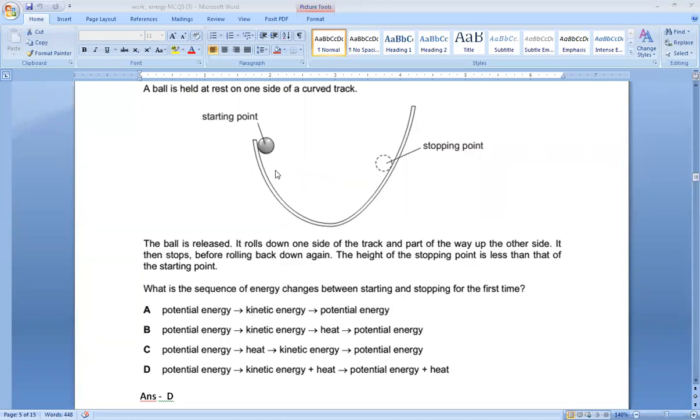Along with that, there is friction of the surface, so it is losing some of its energy in the form of heat. So when it reaches the top, again it possesses potential energy. So my option is potential energy to kinetic plus heat, because in between there was motion and we are losing some energy in the form of heat. And finally, again potential energy at this point, and it also possesses heat as well. So my option is D. The potential at the start changes into kinetic energy plus heat, and finally potential energy and heat.